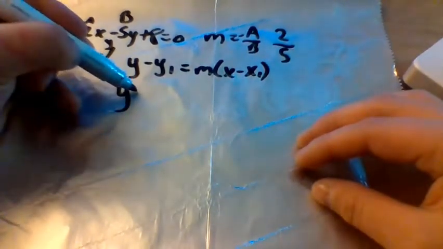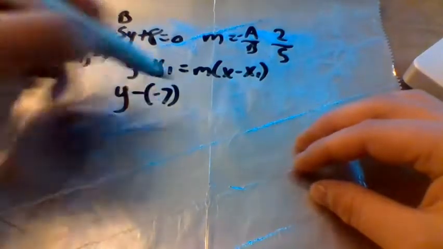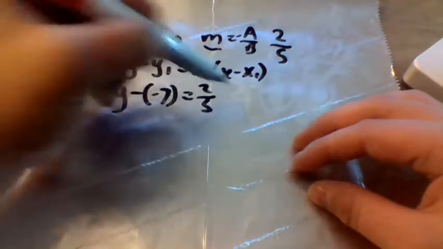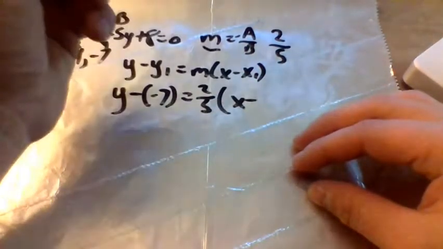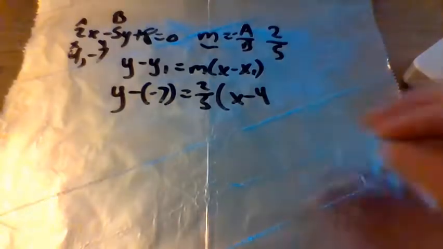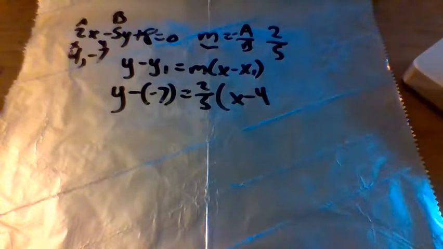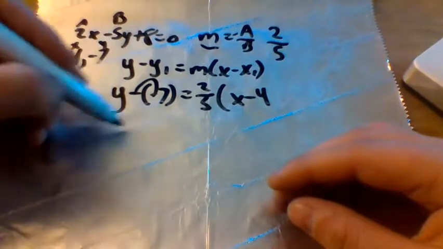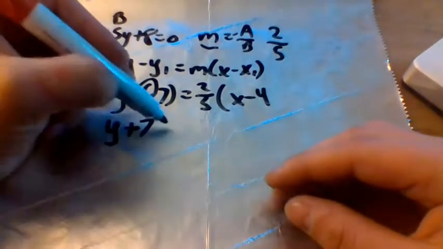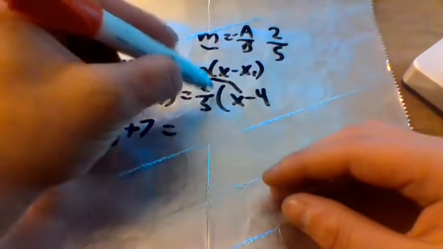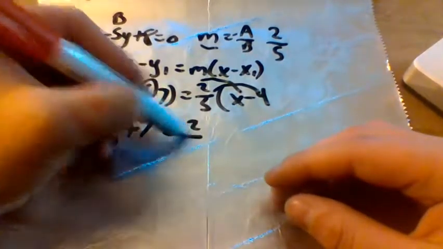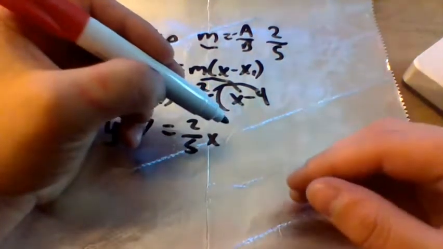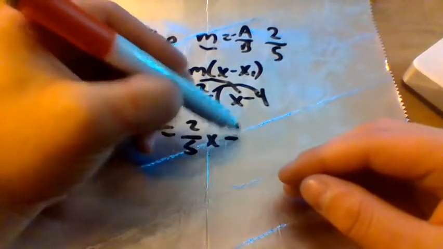So y minus -7 equals, and then you plug in the m, which is 2/5, times x minus 4. And then what that would break down to is, you distribute the negative, so that'd be +7, and that would equal, and then you distribute this into here too, and this would make a -8/5.